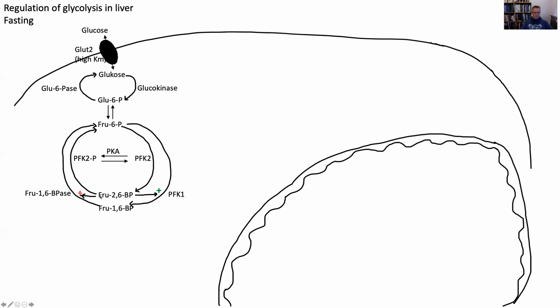So in order to control the level of fructose 2,6-bisphosphate, we can actually control it by controlling the state of PFK2.